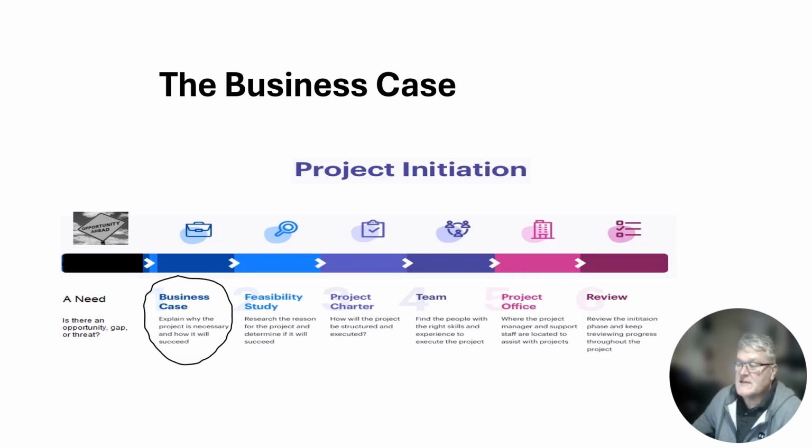After the business case is the feasibility study, then the project charter, then the team, then if there is a project office, the project goes to the project office, and either that or a designated or selected project manager, and then there is a review of the initial project initiation phase.